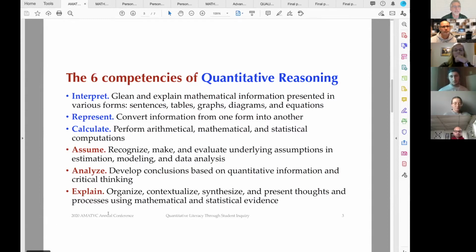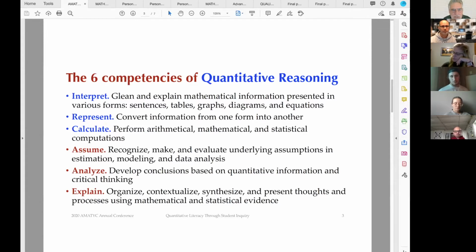We've modified these a bit, and I think of the first three as being the quantitative or the mathy parts of quantitative reasoning, that you're interpreting words, sentences, paragraphs, tables, graphs, diagrams, mathematical information that you have to glean and explain the information presented in various forms.